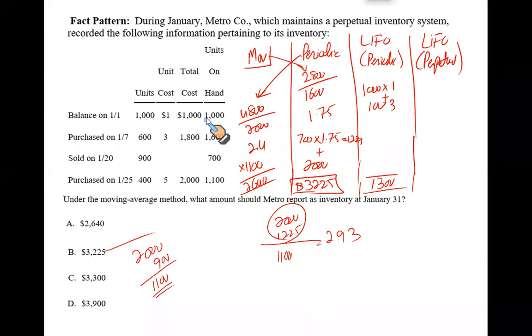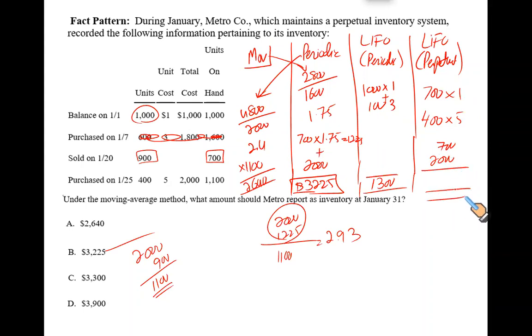When I had 1000 units at the rate of 1 each, 600 units at the rate of 3 each, when I sell these 900 units, last in, first out, which means these 900 units would have been sold first from these 600 units, and the remaining 300 units would have been sold from the opening stock, which means opening stock will now consist of just 700 units at the rate of 1, and these 400 units that I've just purchased, they are still there at this value. So 700 times 1, 700, and 400 times 5, that is 2000.